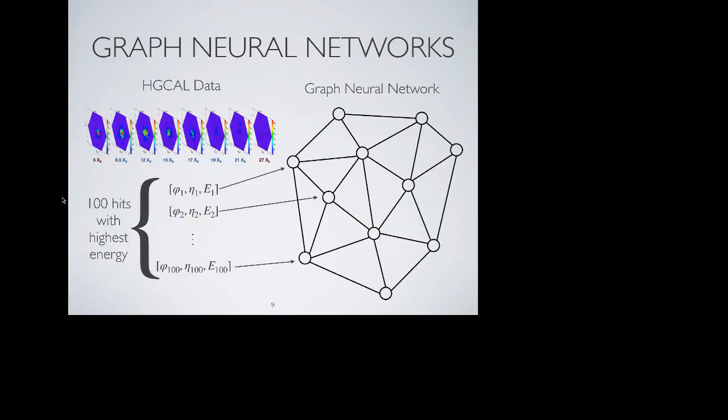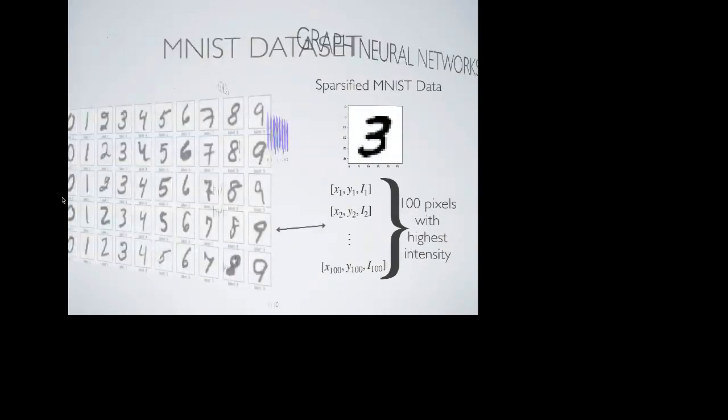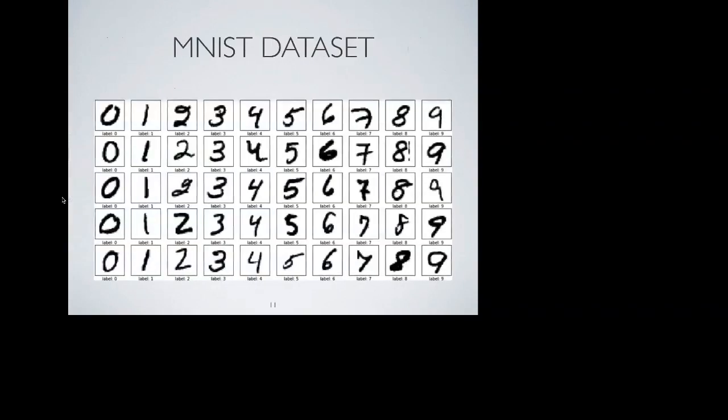We take the 100 hits with the highest energies, and their angular coordinates and energy are the features which each node in the graph represents. Since developing a new model, especially a generative one, is hard enough by itself, to simplify my task initially, we first mapped this problem to the MNIST, or handwritten digits, data set, which is 28 by 28 pixel grayscale images, the standard introductory data set usually used in machine learning to test new models.